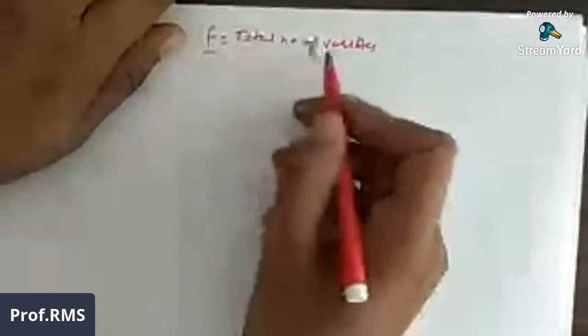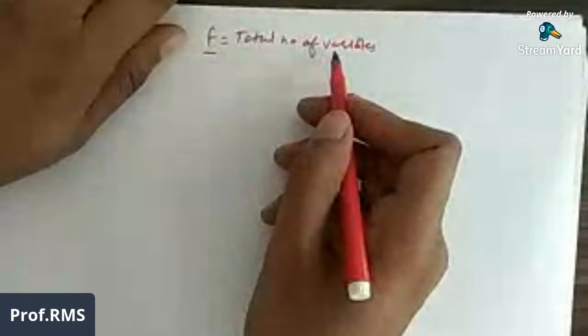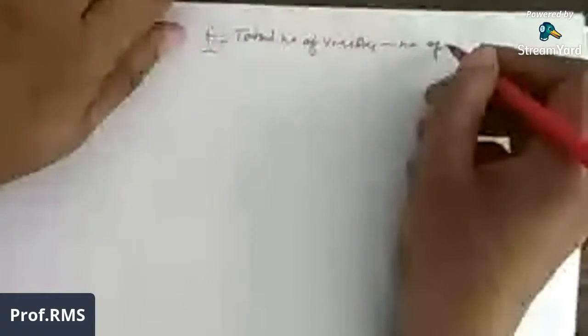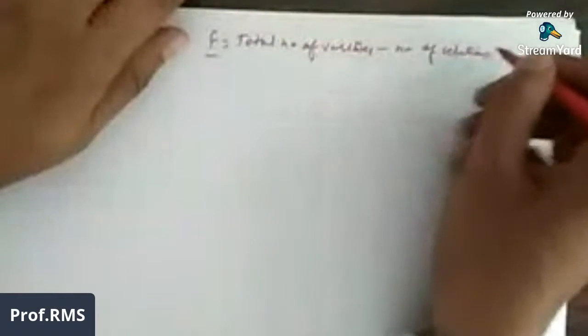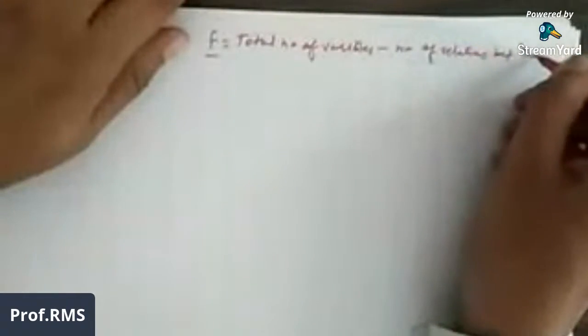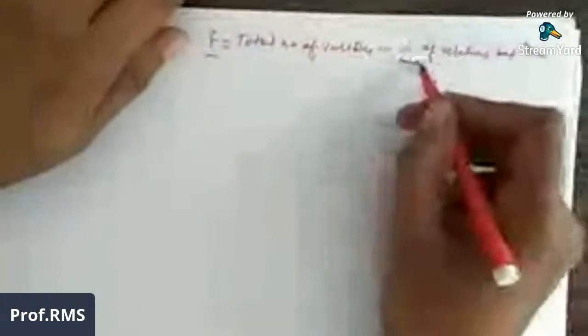The degree of freedom is the total number of variables, which we have already found, minus the number of relations between them. Now we are trying to find the relation between these variables. We got the total number of variables as P(C minus 1) plus 2. Now we are trying to find the number of relations between them.